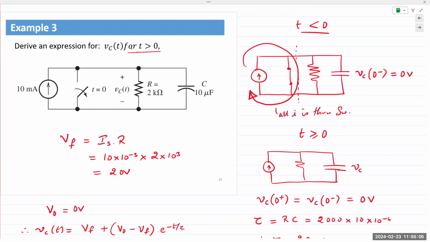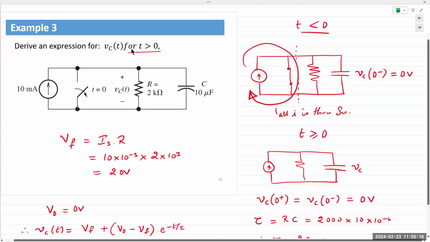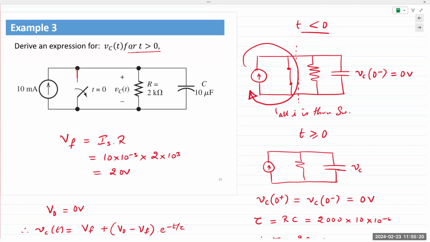The switch is shown as being open at time t equal to 0. So that implies that prior to time t equal to 0, when t was less than 0, the switch was closed. If it's closed, there's nothing in this path, so R is equal to 0.